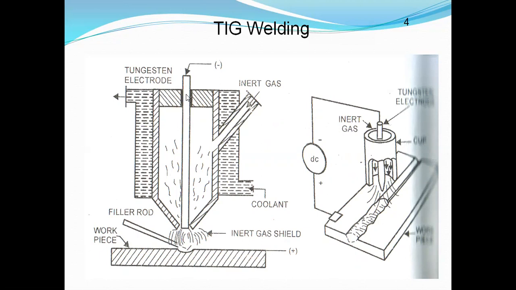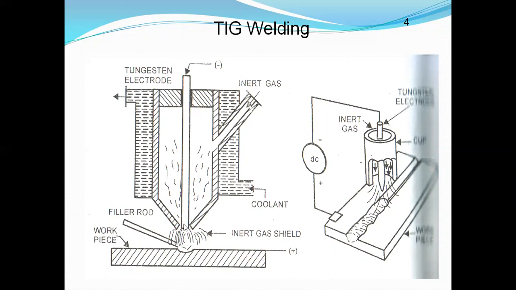It is used for arc production, whereas general electrodes also produce the arc, but they are consumable. Here, the tungsten electrode is not consumable, so it is connected to the negative terminal of the current, and the workpiece is connected to the positive terminal.